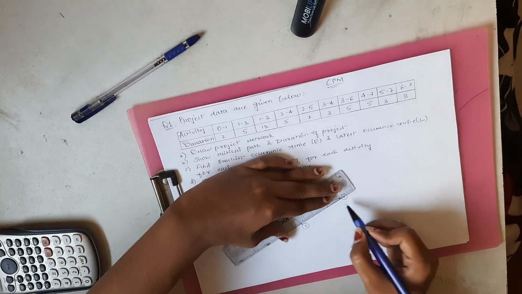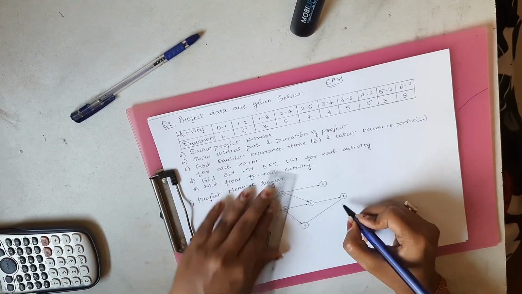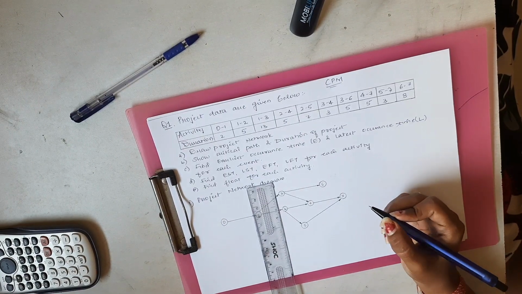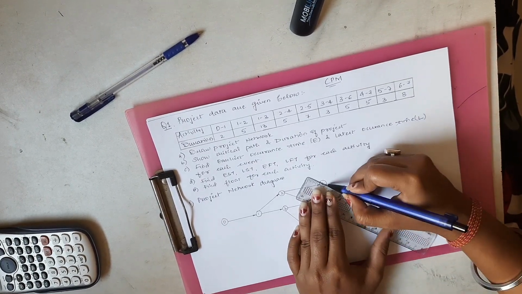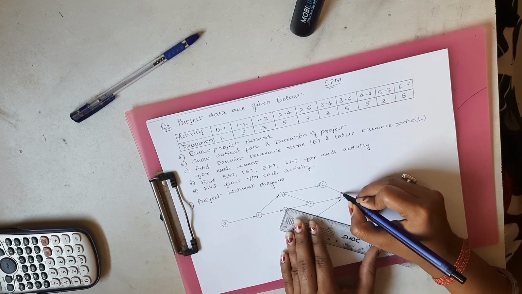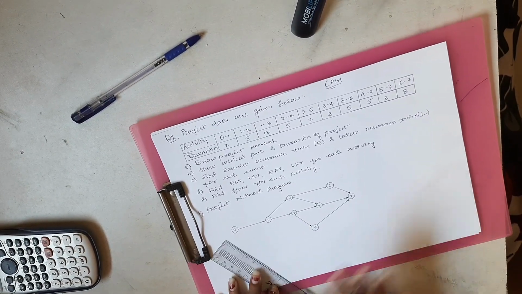Then 5 to 7. Then lastly 6 to 7. And this completes your project network diagram. So our first step is complete.